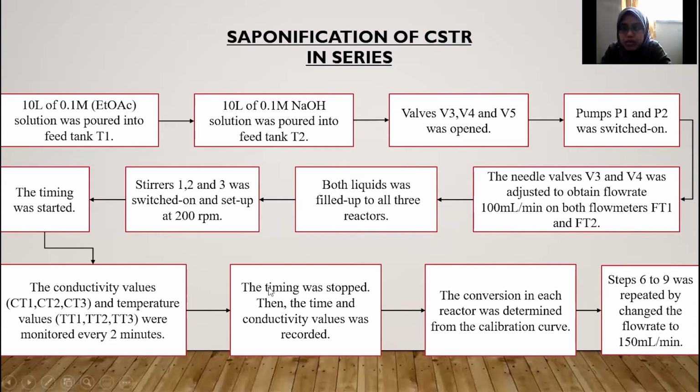After the timing stops, we record all the time and conductivity values. After that, we repeat steps 6 to 9 by changing the flow rate to 150 milliliters per minute. That's all. Thank you.